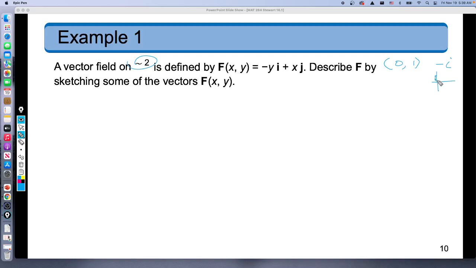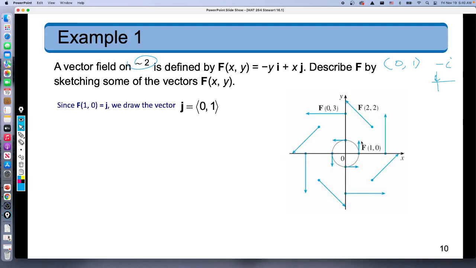Looks like it would just maybe be going down like that, although it looks a little different. We'll see. So let's follow through with this. If we do 1, 0, then we get just j, right? So y is 0, plug that in, 1, we get j. So draw that, 0, 1, at the point 1, 0. That would be this one here.